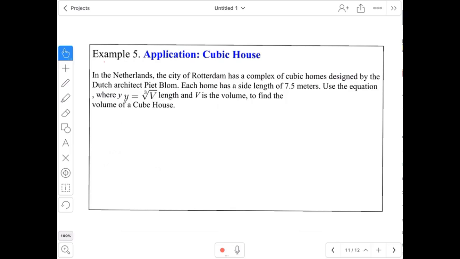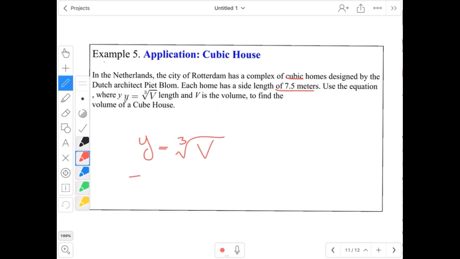So essentially what we want to do here is, if each side length is that and we have cubic homes, y would be our side length.